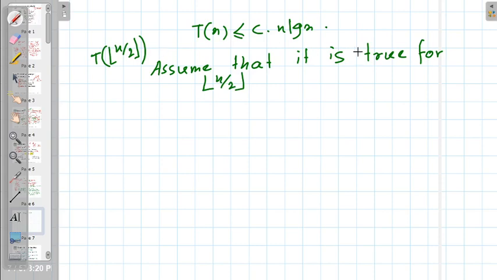So it is true for this. Now if it is true for this, then what we are getting, we have to put instead of n this floor n by 2. So I am putting floor n by 2 in place of n.